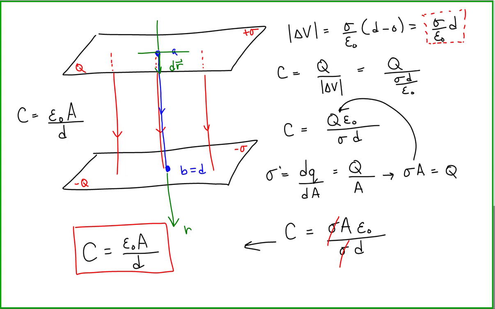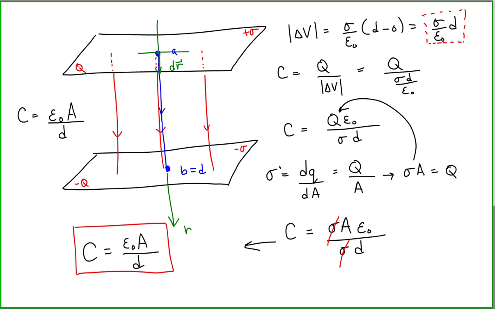This capacitance does not depend on the charge on the plate. And that's a good thing because we want to be able to know the capacity of our capacitor to be able to store charge. So here we're seeing that the capacitance doesn't depend on the charge on the plates.